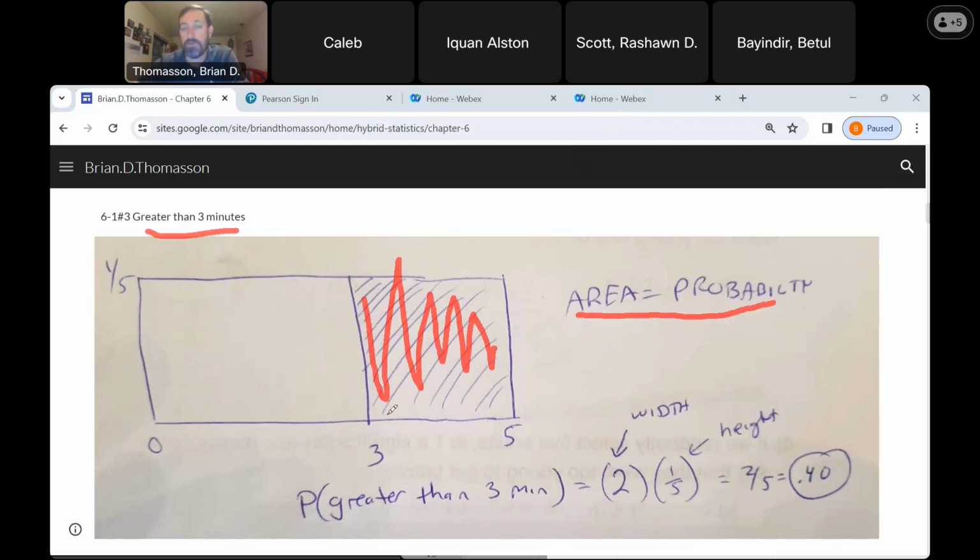If we find the area of the shaded region, we go from 3 to 5. That width is 2. Our height is 1/5. So we multiply by the height of 1/5. 2 times 1/5 is 2/5 or 40%. So the area is 0.40 and the probability is 0.40. And that's the whole key.